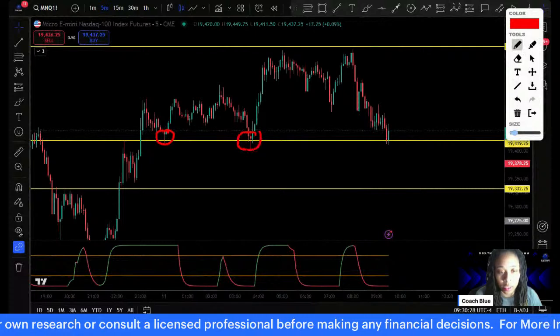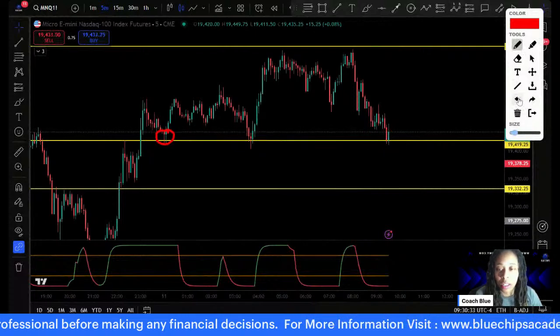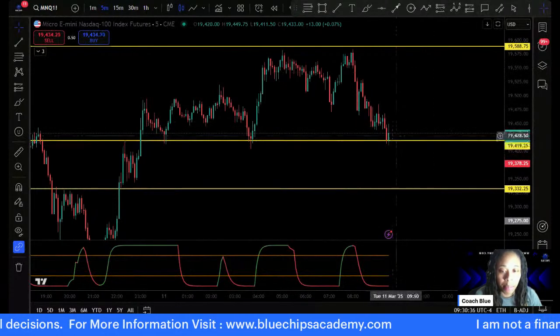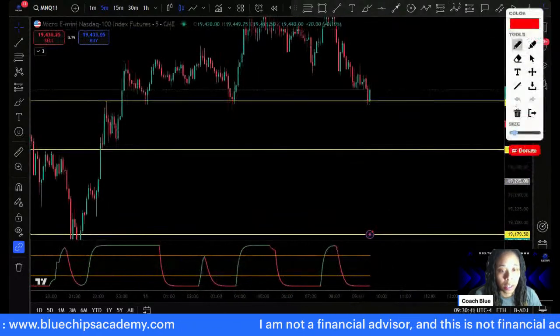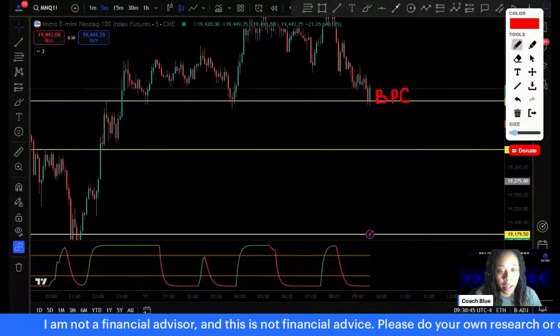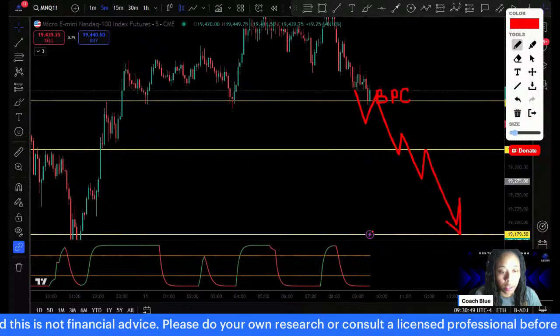If we don't find that, then I would like to see a BPC happen beneath this level right here: a breakout, pullback, continuation.